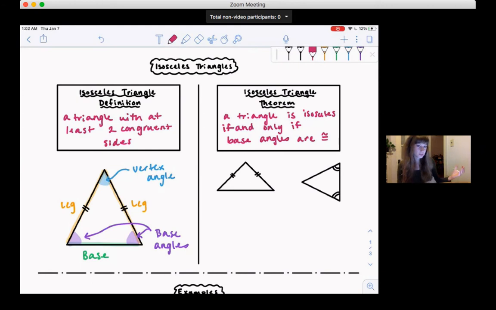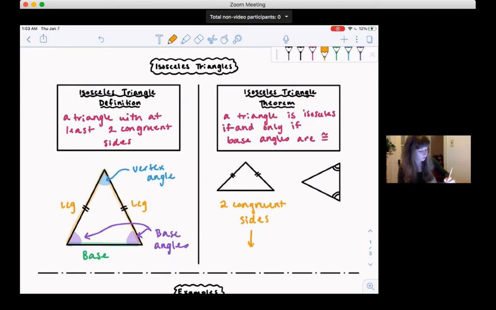So we can use this in two different ways because we have the if and only if. So first, if we know that two sides are congruent, so like this triangle has two congruent sides, we know the triangle is isosceles, therefore the base angles are congruent.